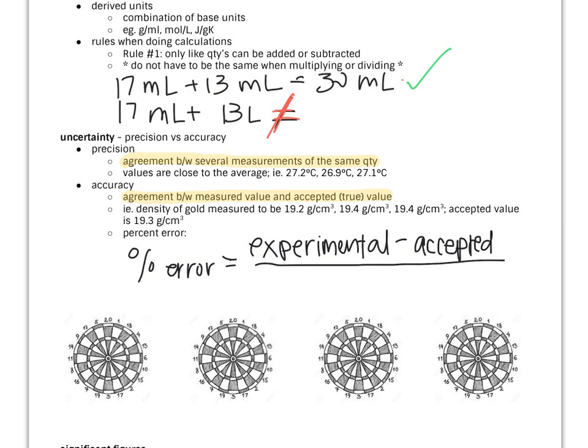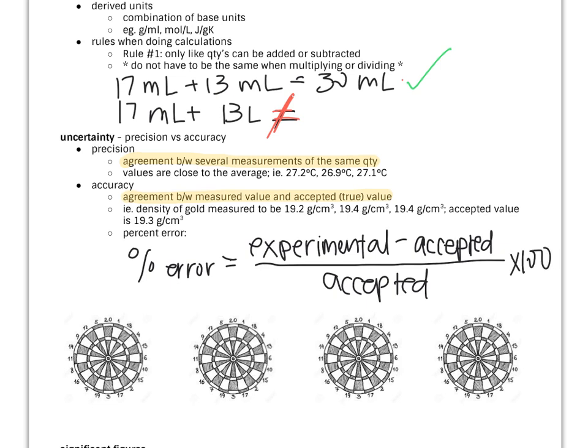So the accepted value has either already been tested before in perfect, near perfect lab settings, or it's been calculated. So we know what it should be, but we know that's not always the case in actual life. And that value is divided by the accepted again, and then it's multiplied by 100 to get a percentage.